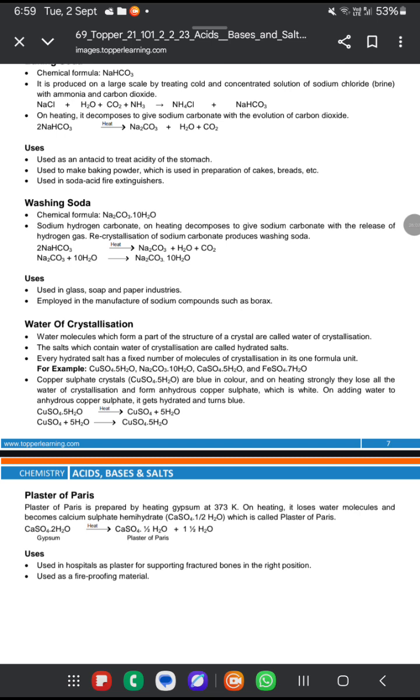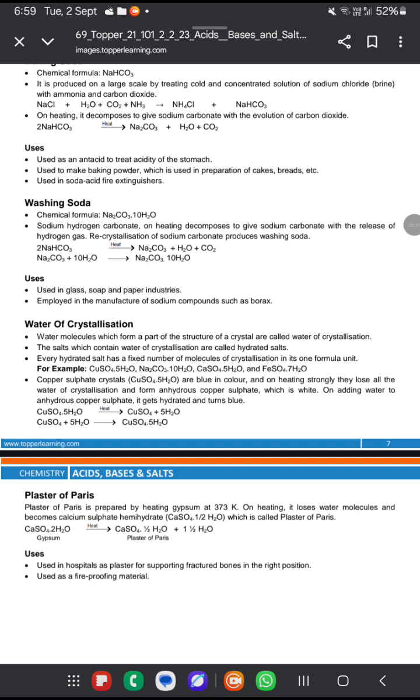The last is plaster of Paris. Plaster of Paris is prepared by heating gypsum at 373 K. On heating, it loses water molecules and becomes calcium sulfate hemihydrate, CaSO4·½H2O, which is called plaster of Paris.